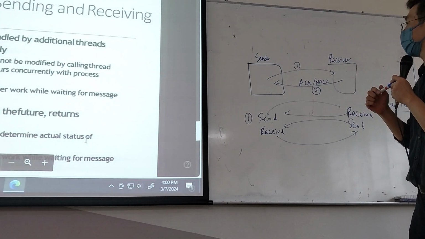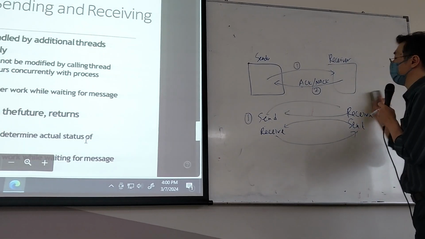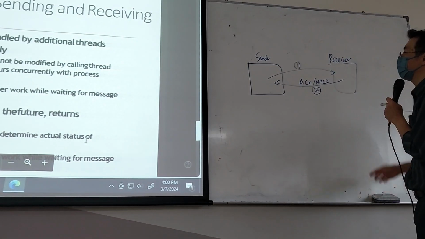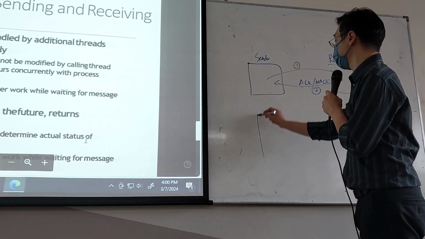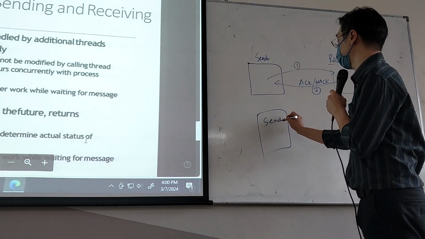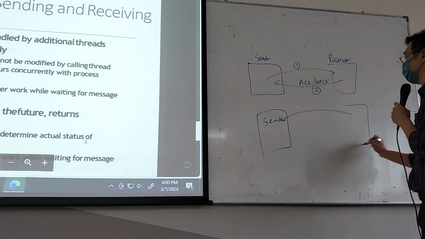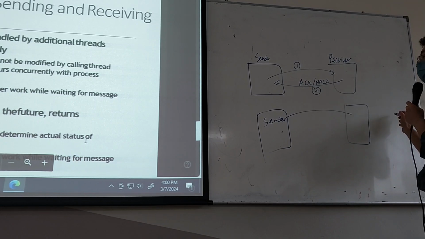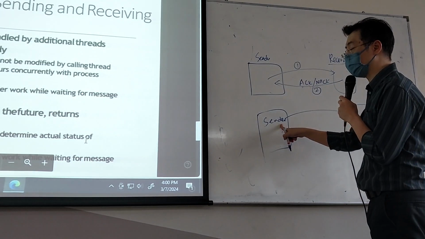What is the difference between asynchronous and synchronous? In asynchronous, when you send, you don't wait. The sender sends to the receiver. If the receiver is not ready, you do something else, busy doing other things. But the sender will not wait.